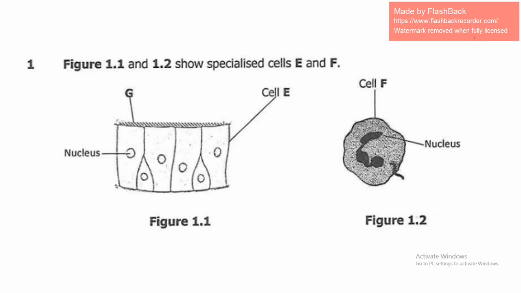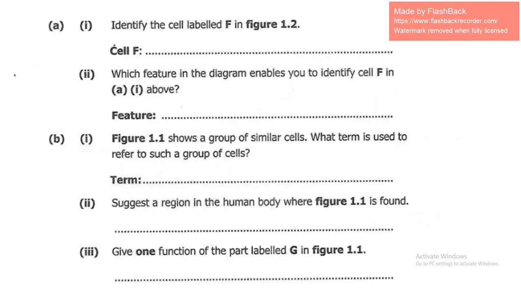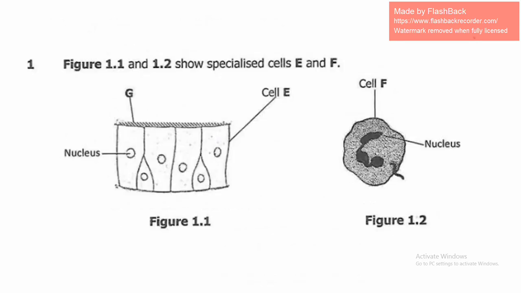Before we even look at the questions, just after these two cells which have been shown, we have some questions there. Like the first question, question A number 1, is saying identify the cell labeled F. But I disregard the concept of rushing to the questions.